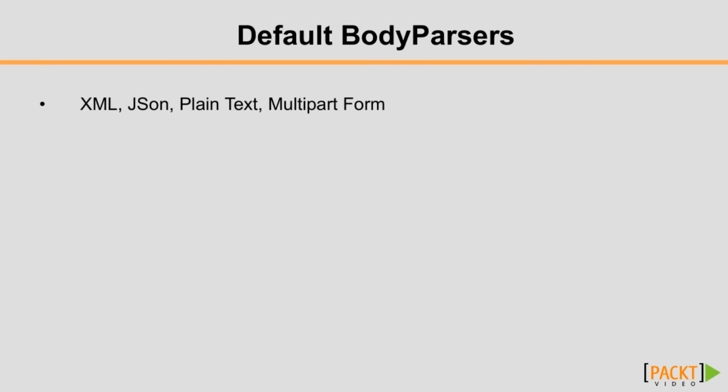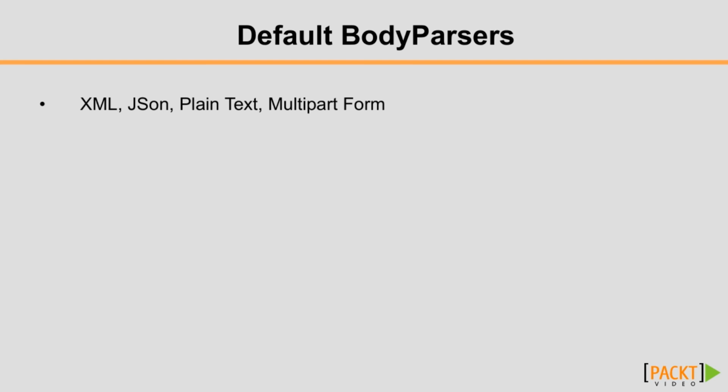Play has a lot of default body parsers for XML, JSON, plain text, multipart form, among others. So, if the request comes with a content type of application JSON, then Play will know that it needs to use body parser JSON to parse this request.